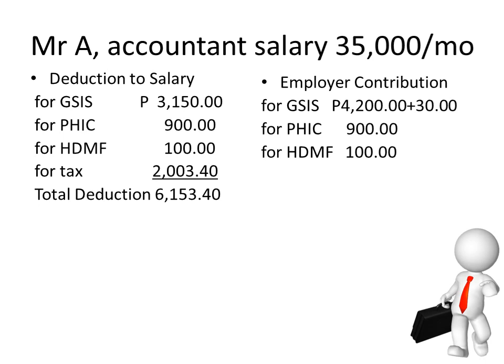So total deduction 6,153.40. So the take-home pay is only 28,846.60. See, a bit higher by almost 2,000 pesos for the private rather than the government employee. And that's also the reason why in the future the government would be paying a better pension than a private employee. Okay?